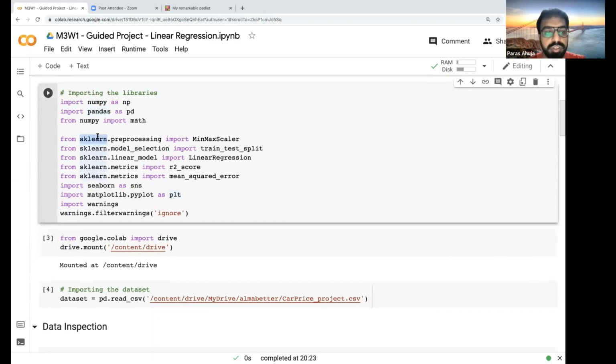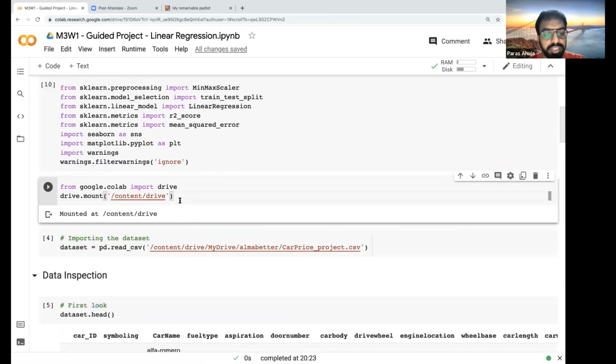Why sklearn? Because all this linear regression that you have studied in the past week or so is already implemented as part of the sklearn library, so we'll be using its different functions. Seaborn, as you all know, is for plotting, Matplotlib is also for plotting, and this line is to ignore the warnings.